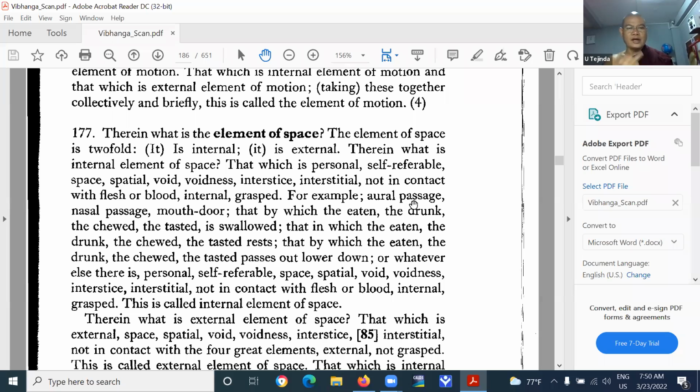The mukha dvara, the mouth door, through which we eat, drink, and swallow anything here. We swallow. There, the waste, the eating, the drinking, the chewing, the tasting. What does it mean, the taste rest?